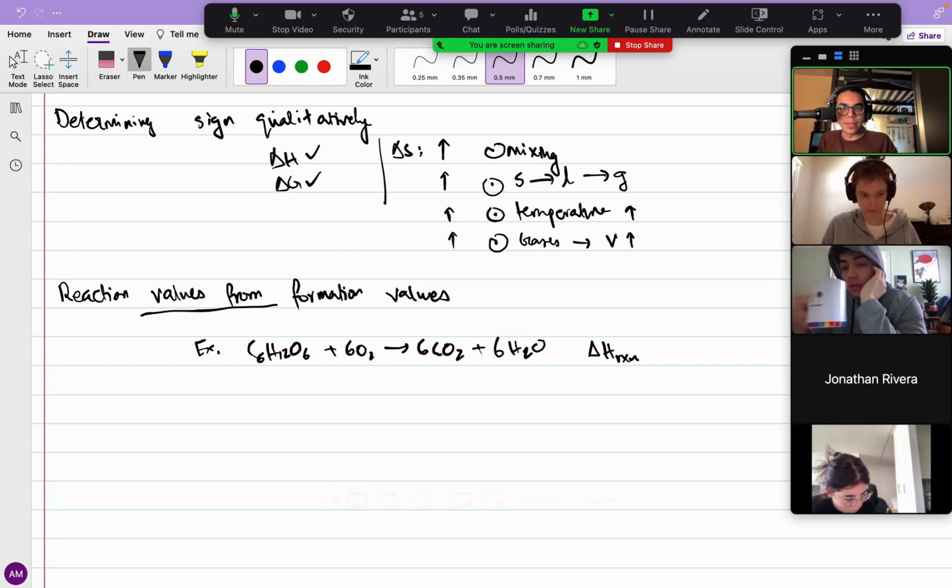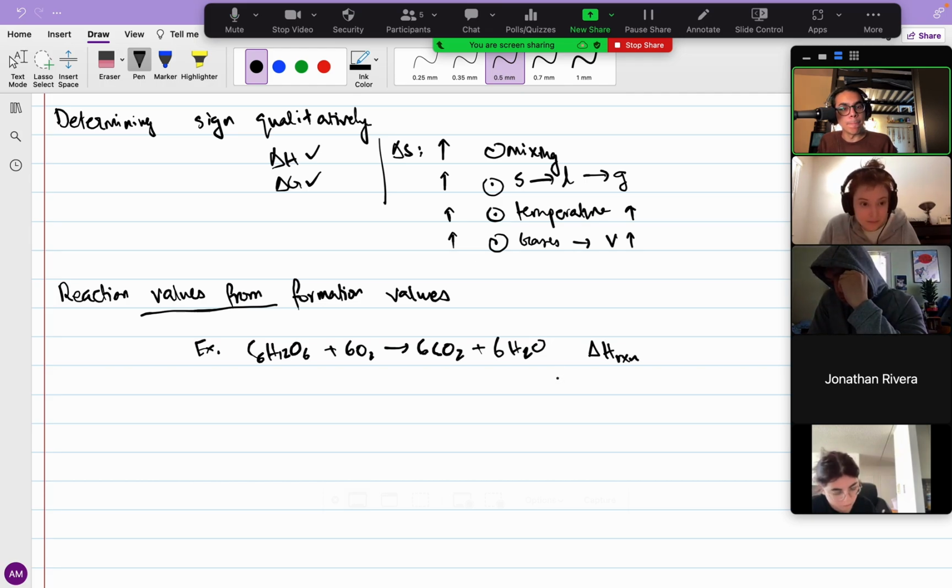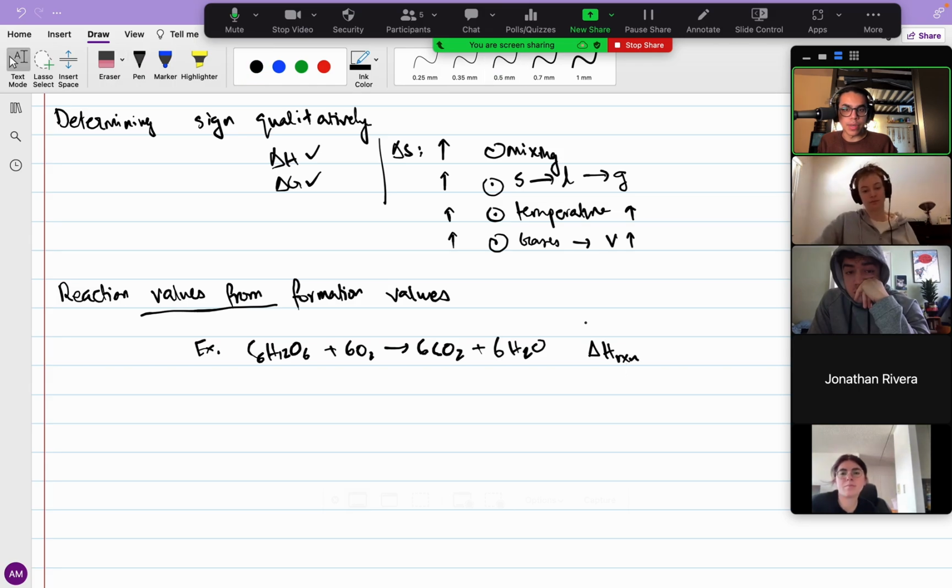And what you'll be given are the enthalpy of formation values for each of the species involved in the chemical reaction. Okay, so let's take a little pause here. What do formation values represent? They represent the enthalpy, entropy, and free energy required to form compounds to begin with.